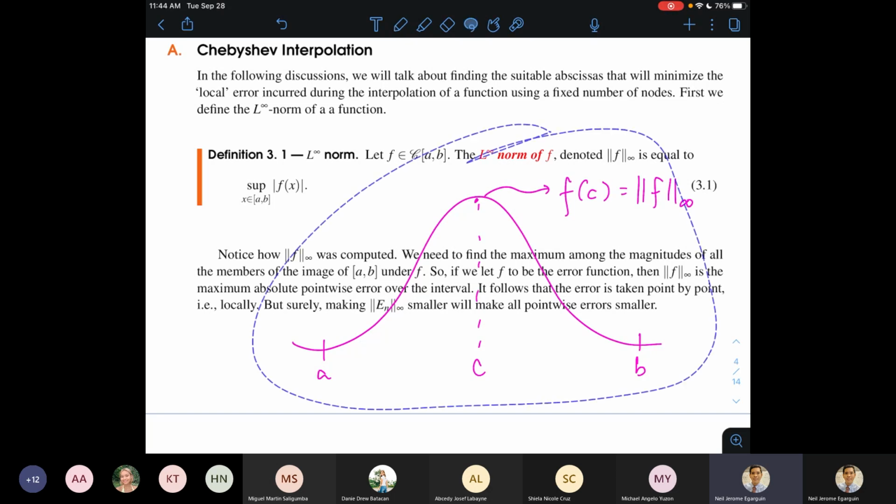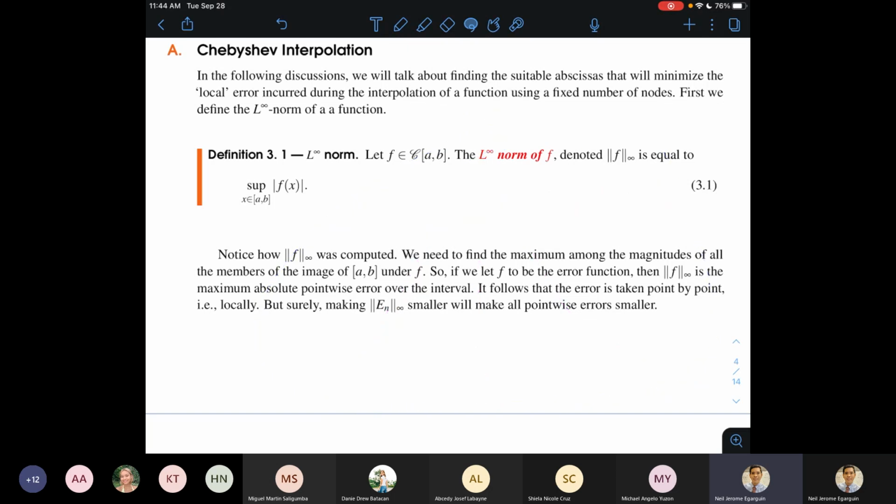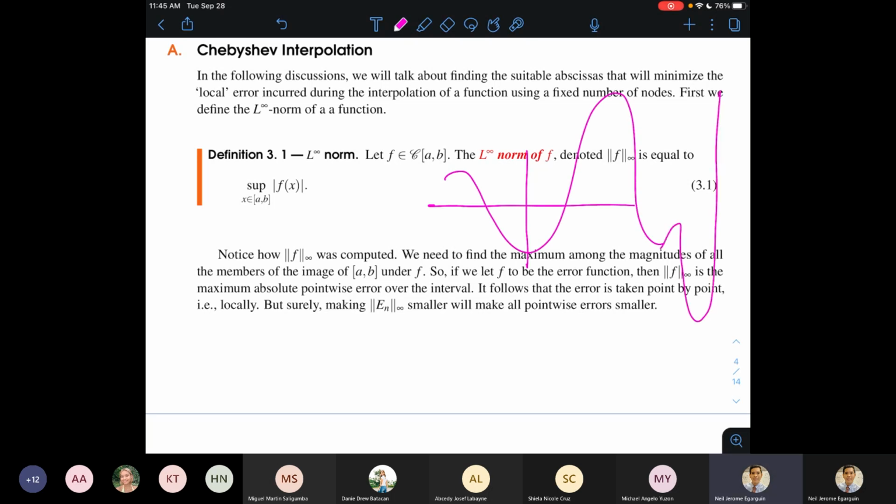So if your function sometimes is negative, okay, halimbawa, ito yung function, tapos bumaba pa siya dyan, okay, so you always look for the maximum absolute value. So say this is 50, this is negative 52.